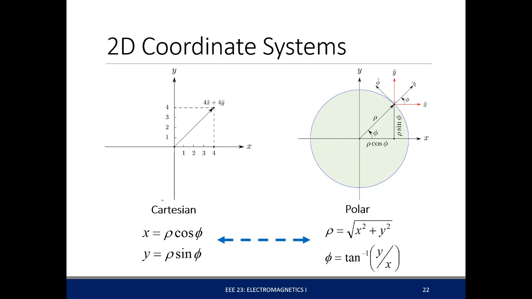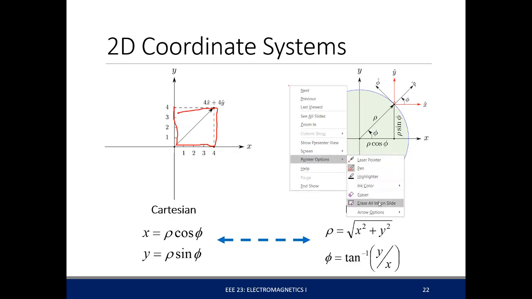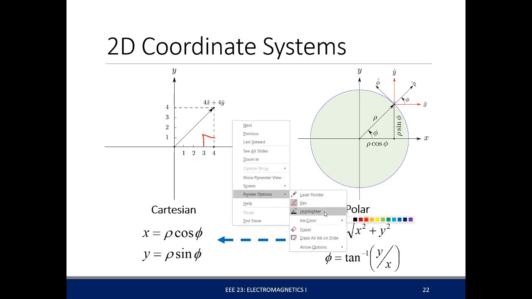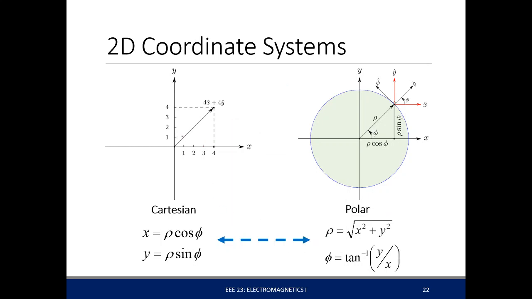Recall that your Cartesian coordinate system for 2D is defined by the square. An interesting property of the square is that the x and y coordinates are perpendicular to each other, and that's also the basis of other coordinate systems. So let's convert this square-based coordinate system into a polar coordinate system.